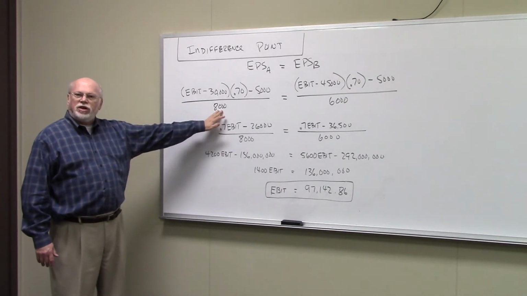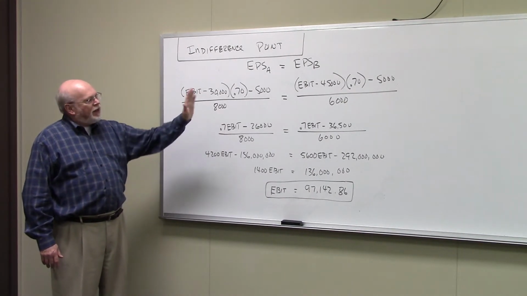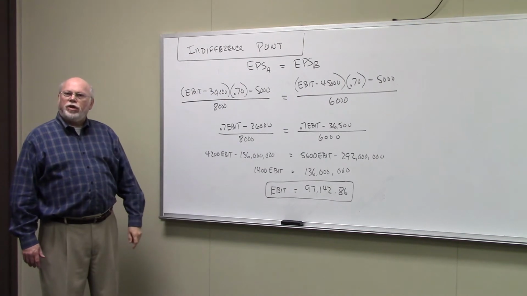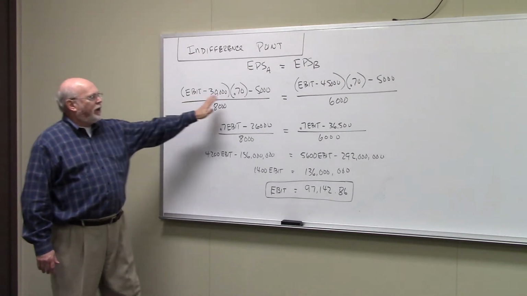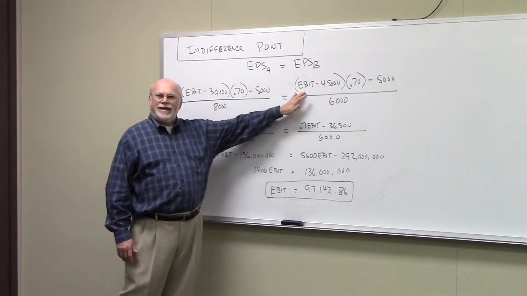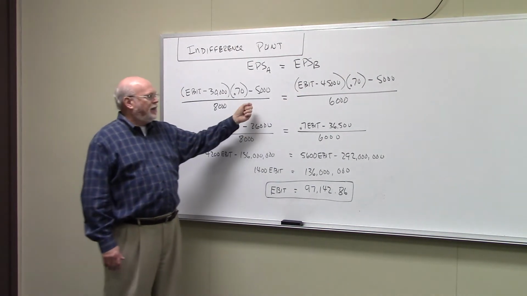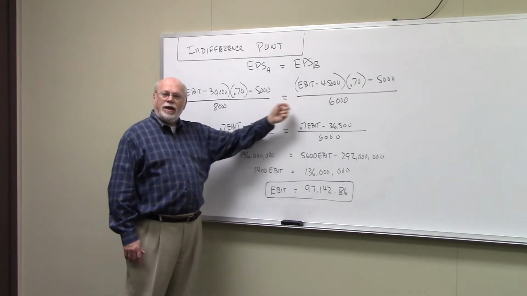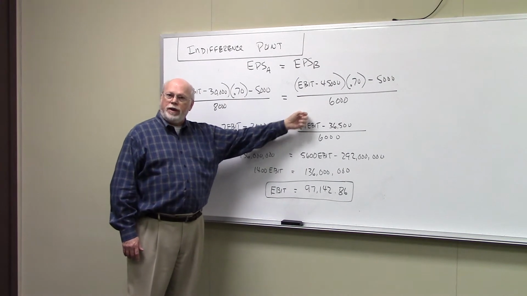This is the number of shares outstanding in the denominator, and it's the same terms on the other side. What we're looking for now is the level of EBIT that makes earnings per share under A equal to earnings per share under B.